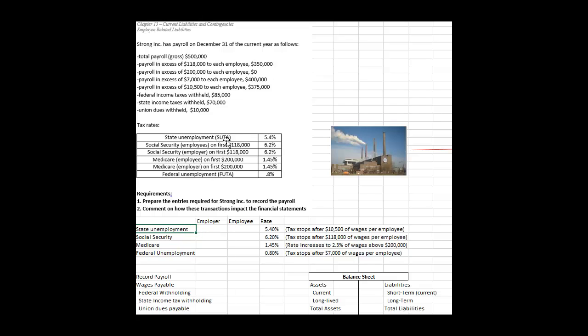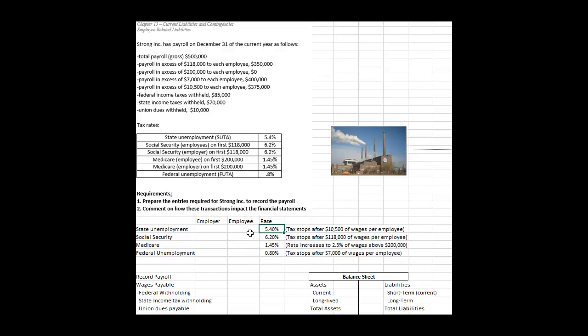Most states levy unemployment and force the employer to pay on behalf of the employee a percentage of the wages, but they have a ceiling, and most often, and this changes over time, about $10,500. Once the employee makes any more than that, they don't levy the tax. So it stops after that. You can see up here, payroll in excess of this amount was $375, and I'll walk you through how that actually gets calculated in a second.